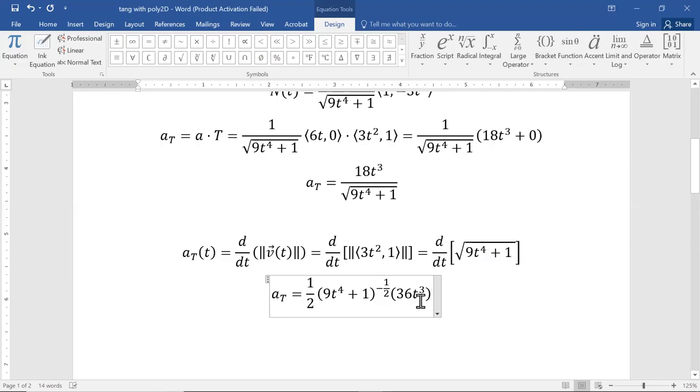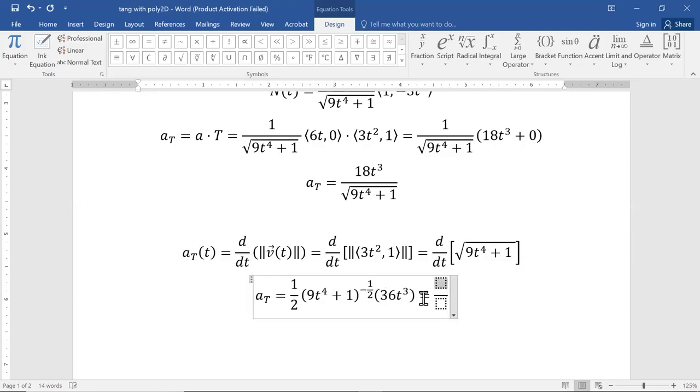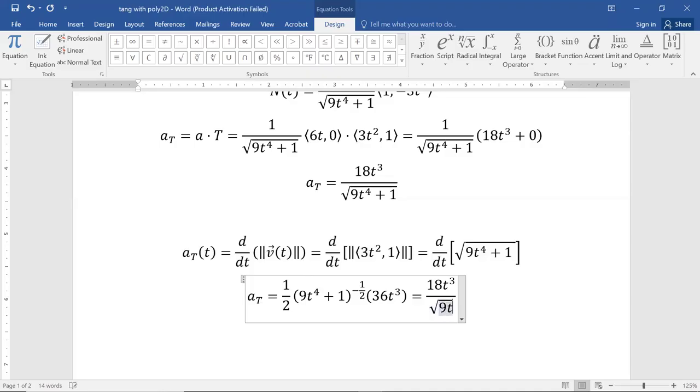That'll give me 18t to the third. 9t to the fourth plus 1 to the negative 1/2 power is the square root of 9t to the fourth plus 1 in the denominator.